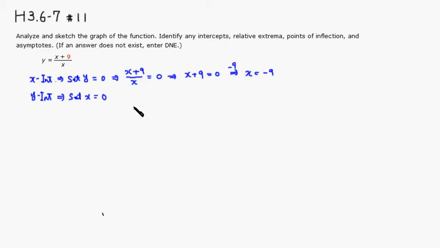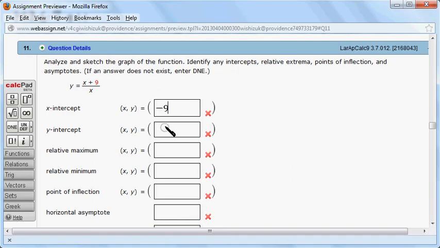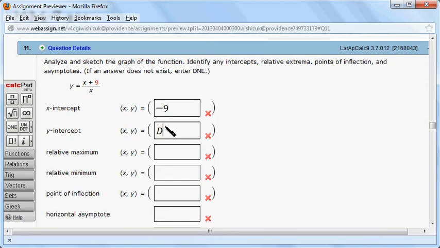Then you notice that this function is not defined at 0, because there's x on the bottom, so y of 0 is undefined. Which means that there is no y-intercept. So we can answer that: it's got to be does not exist.